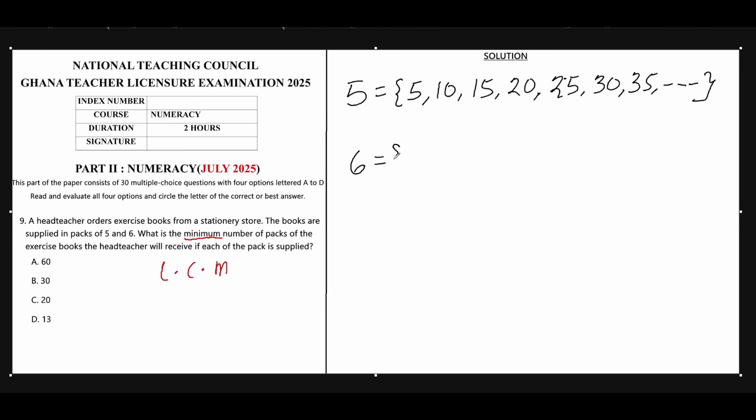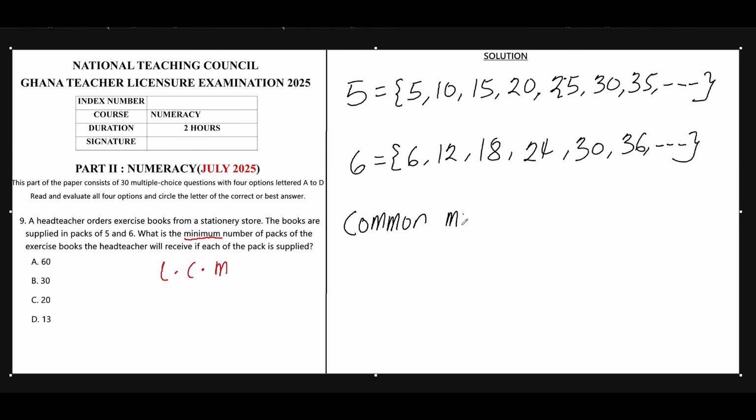Then with multiples of 6, we have 6, 12, 18, 24, 30, 36, 42. It also goes to infinity. So let's find the common multiple.